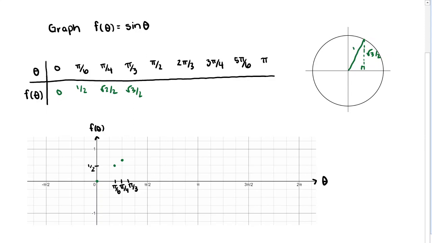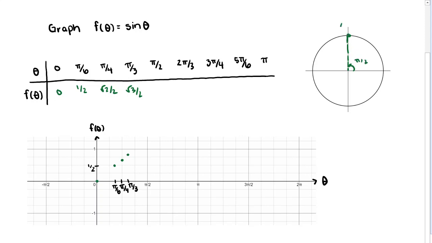The square root of 3 is roughly 1.73, and cutting that in half is a little bit more than 0.85. So this is going to give us an output value of roughly 0.85. I think that's a reasonable place to plot it. And then when we look at an angle of pi over 2, well, that's this angle here.